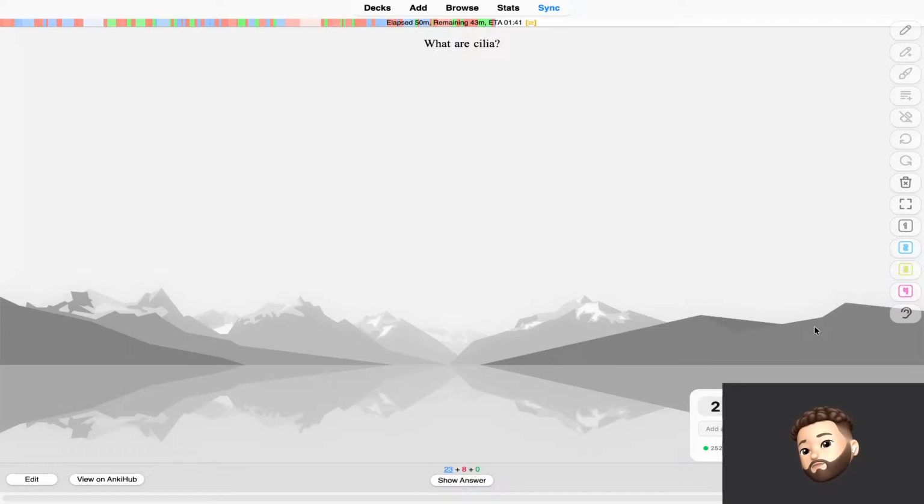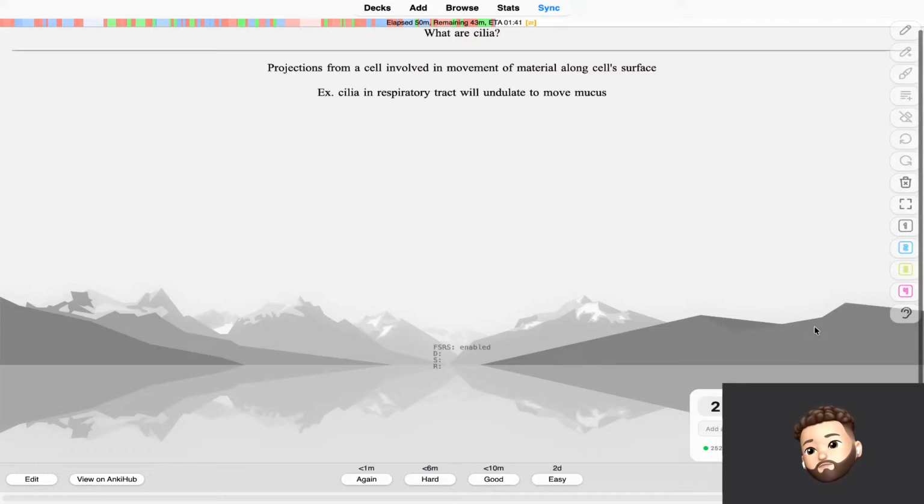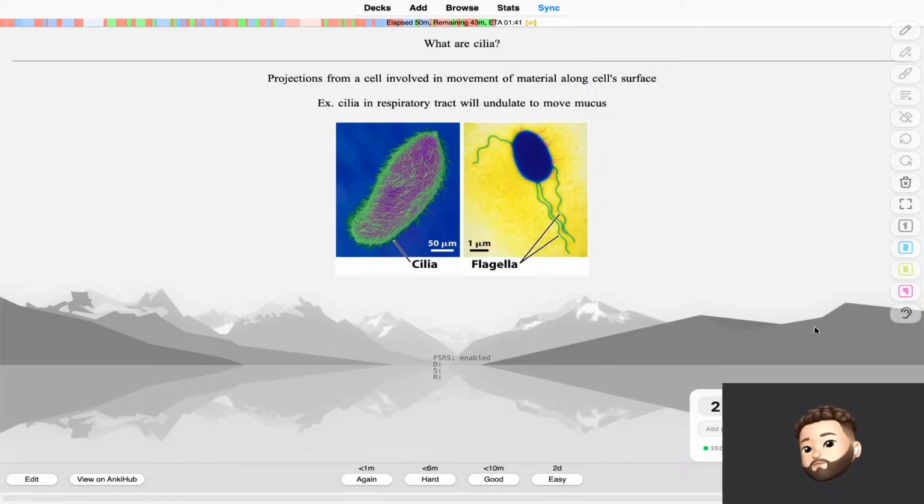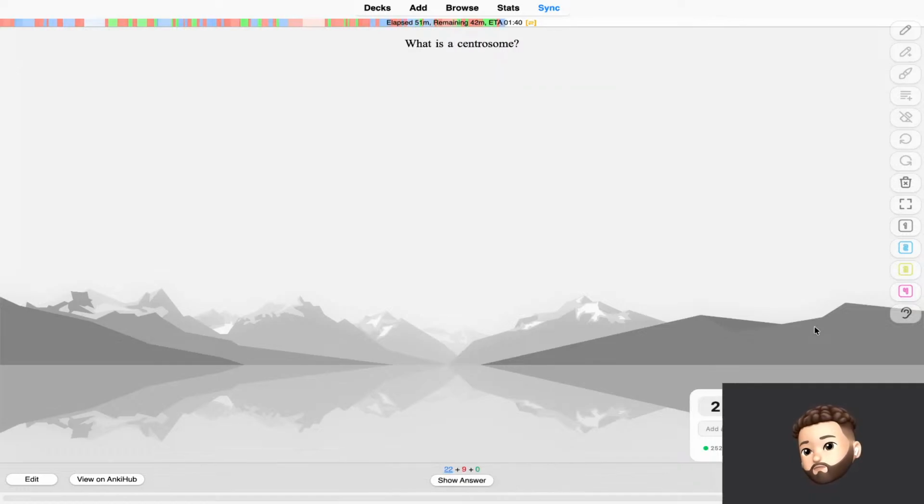What are cilia? Projections from a cell involved in movement along the cell surface. What is a centrosome?